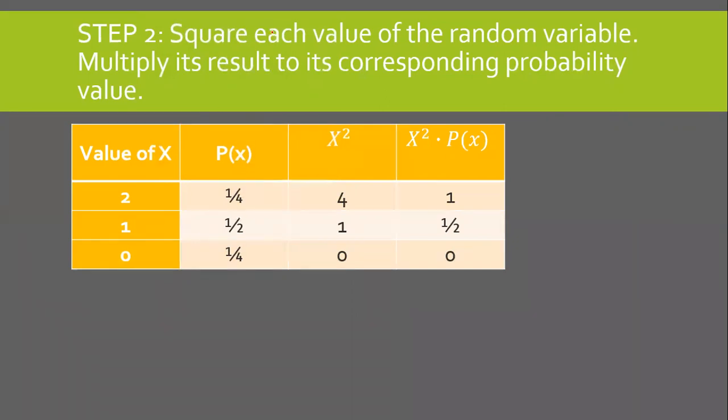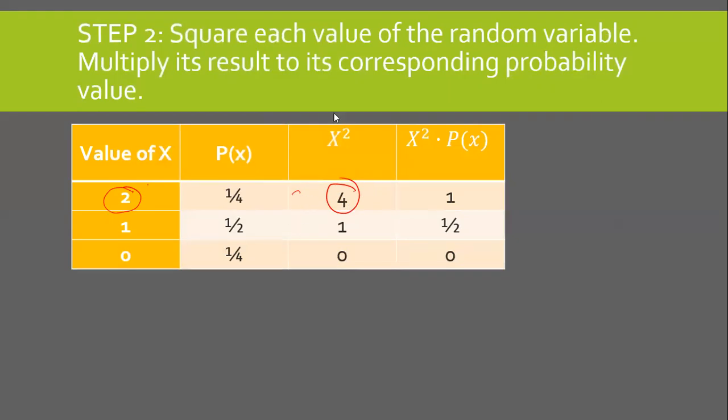So how does this happen? The value of your x is 2. You square that, and that is now 4. So 2 squared equals 4. Then next is 1 squared equals 1. And lastly, you have 0 squared. Of course, that is 0.